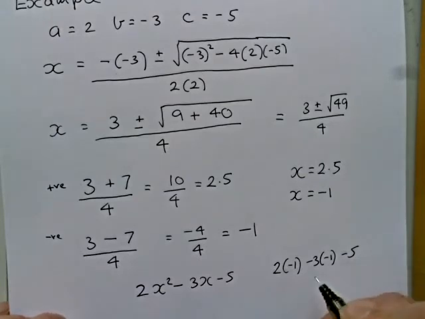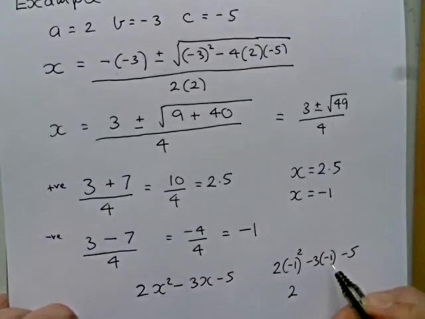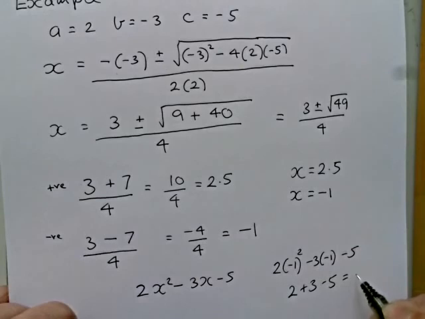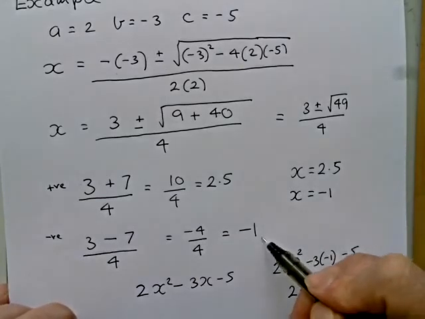Now I want this to equal 0, so let's see if it does. 2 times minus 1 squared is 2, and minus 3 times minus 1 is plus 3, and minus 5 equals 0. So we know that minus 1 is correct.